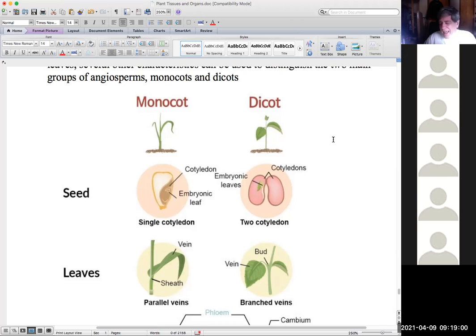So we can eat different parts, but for monocots, we're mostly eating actually the fruit. That's what contains the seed. With dicots, we're eating a fruit if we eat something like a tomato, but we could be eating part of the leaves, if you're eating lettuce, part of the stem if you're eating celery, part of the root if you're eating a carrot.